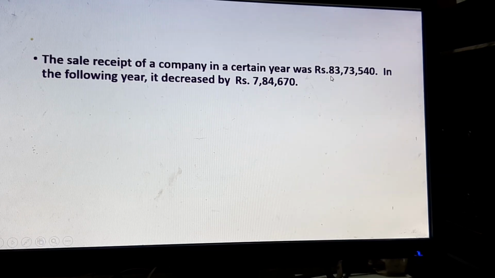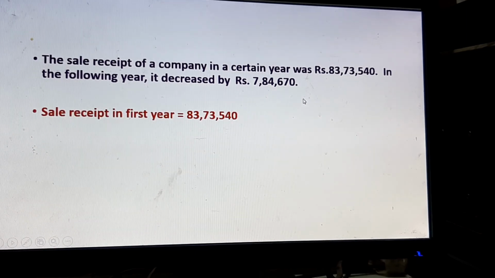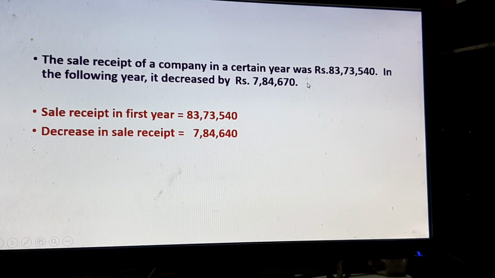Okay, so first he had made how much? 83 lakh rupees, isn't it? Now he is getting a loss of 7 lakhs, decreased by 7 lakhs 84,670. So you have to find what is the sale receipt? Okay, what is the sale receipt? So we will find out. Sale receipt in the first year is how much? 83,73,540. What is the decrease now?